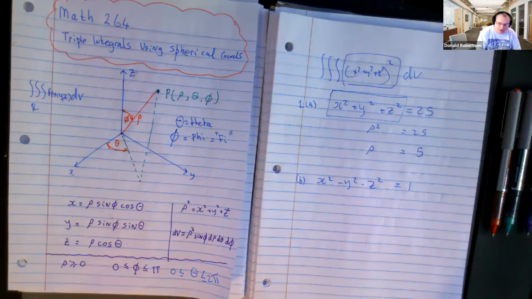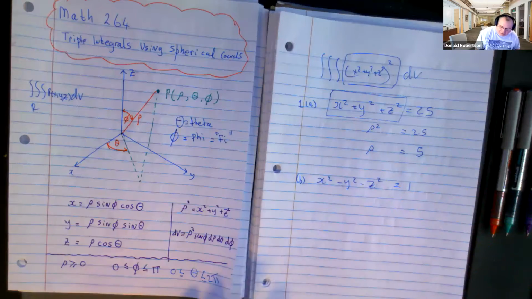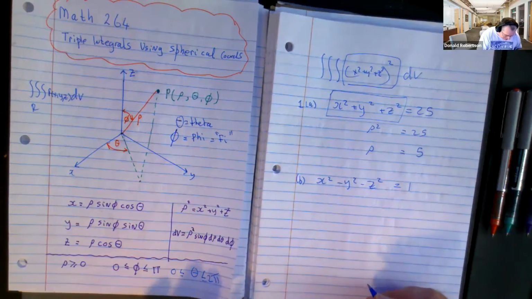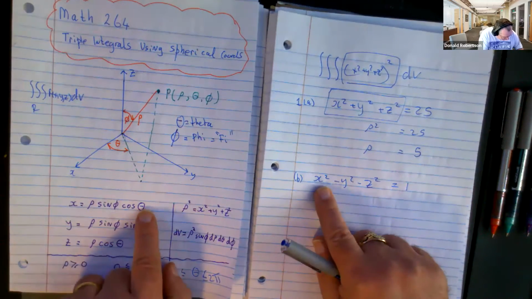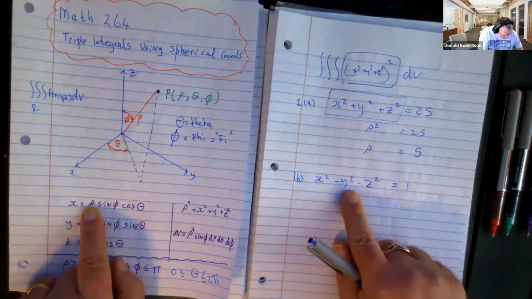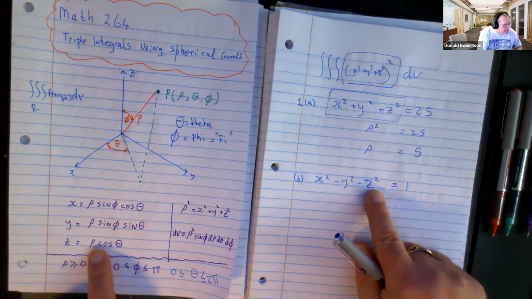But don't expect rho equals 5 out of this, right? In fact, you'll be amazed at how ugly this is. It's really just messy algebra. Every x gets replaced by that, every y gets replaced by that, and every z gets replaced by that.